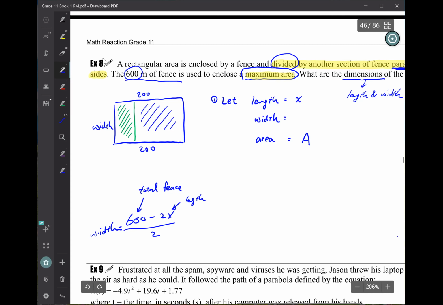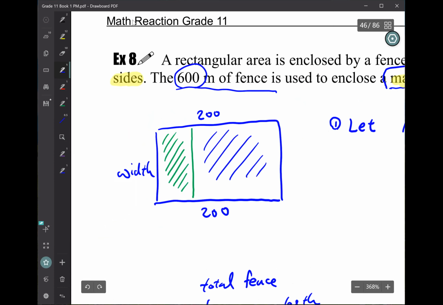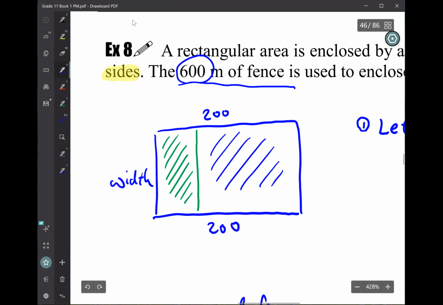I don't know. Do you understand what the 600 is? It's the amount of fence. Yeah, including which ones? The length. Yeah, we have the length here, including the 200, right?